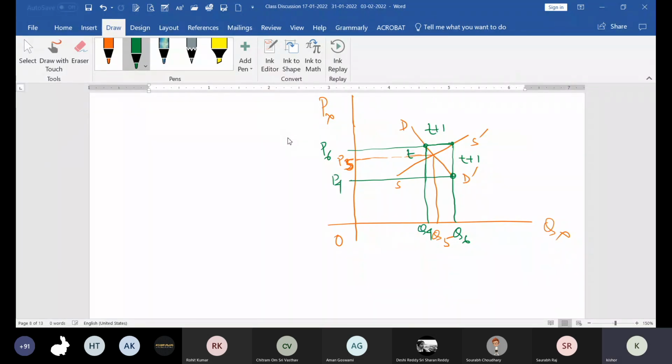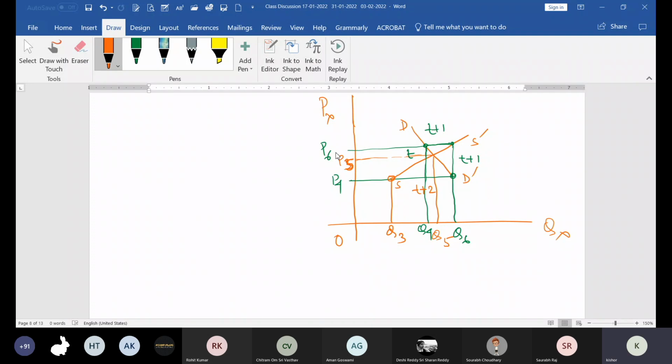The moment price comes down to P4, immediately demand goes up to Q6, supply is also Q6, everything is sold out. But as I said earlier, this price is not attractive to the supplier because P4 is much lower than P5. So next day, at the T+2 time period, the supplier reduces their supply to OQ3.